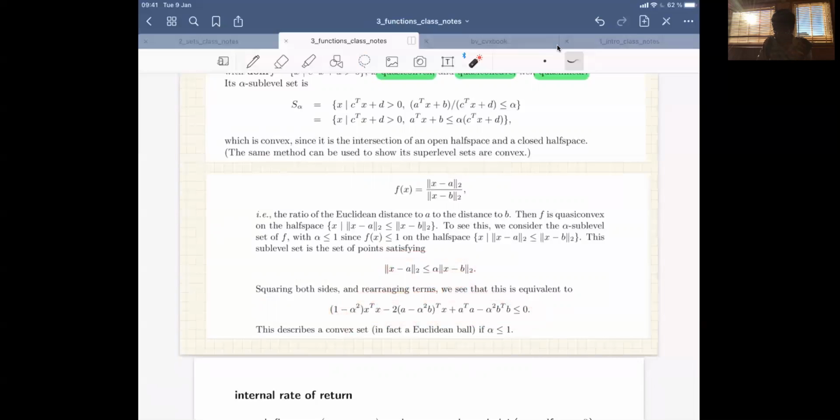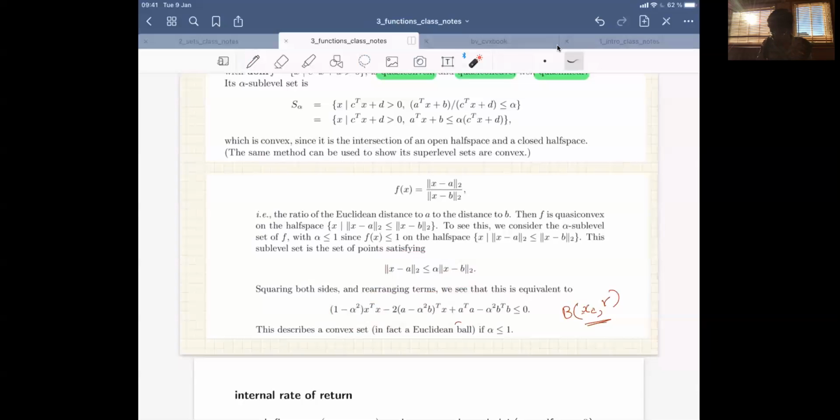You can check this later. Maybe you have to rearrange this and see that it's a Euclidean ball. What will be the center and radius of this Euclidean ball? For that you have to slightly rearrange the terms here, and see that it's a Euclidean ball.